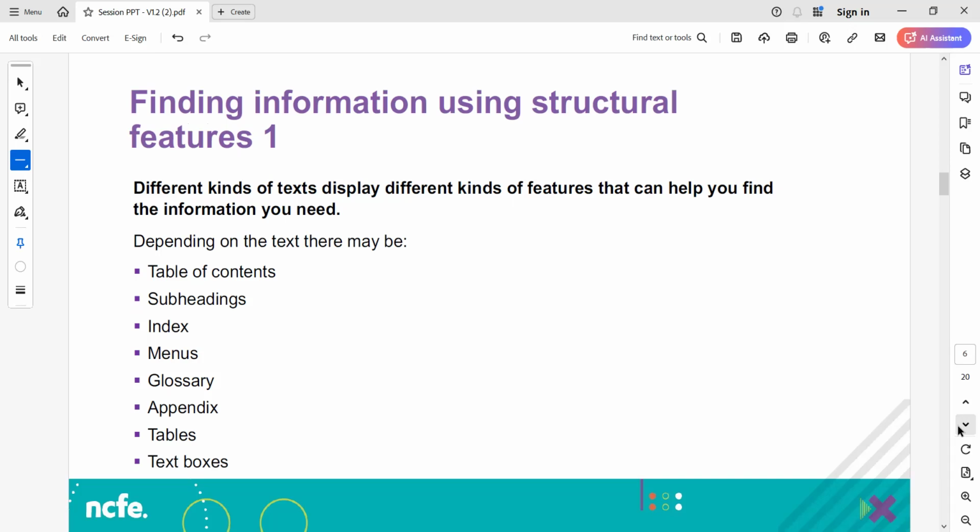So there could be a table of contents, there may be subheadings, an index, menus, a glossary, an appendix, tables, and text boxes. Are there any questions about those features? Do you know what those features are, or do you have any questions about them?